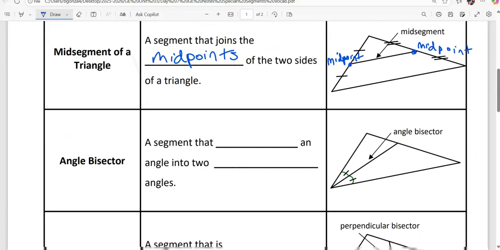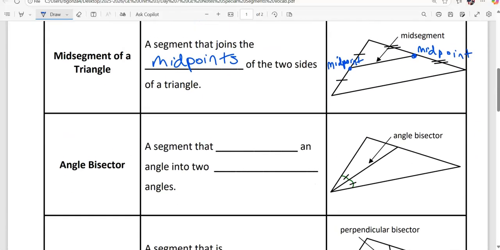Now, next one is an angle bisector. Does everyone know what bisect means? Bi is 2, sect means cut. Bisect is cut into 2 equal parts, right? Now, an angle bisector, when you see these 2 little angles with these little tick marks, so 2 equal angles.